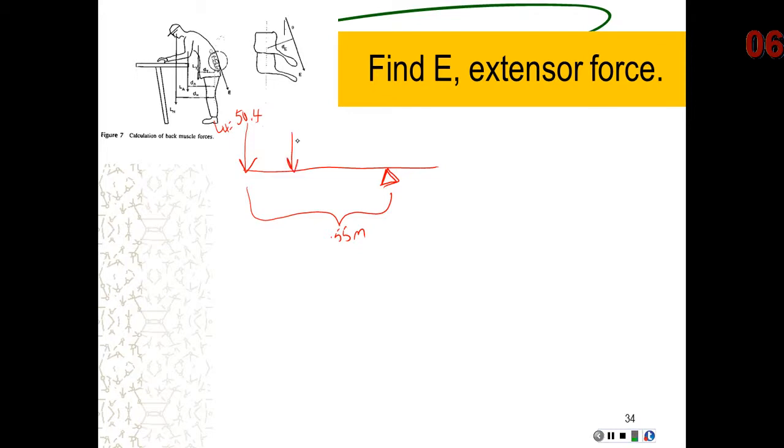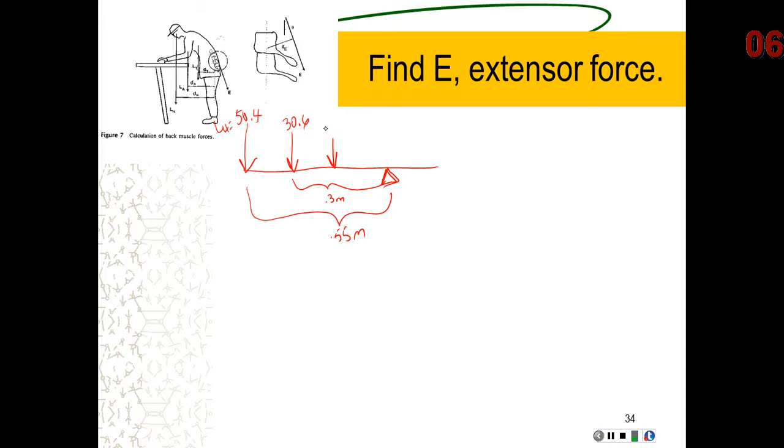Now if we do the arms, the weight of the arms is 30.6 newtons. And the distance between the arms and the L5S1 joint is 0.3 meters. Next we have the torso.